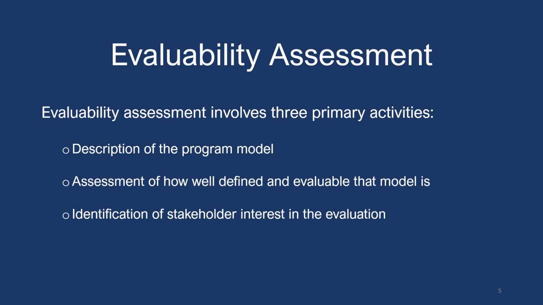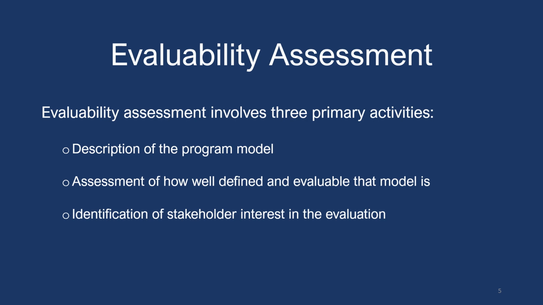Essentially, we're going to gauge whether or not a program is constructed in a way that sets it up to be further evaluated. The evaluability assessment has three primary goals. The first is to describe the program model. Here we're looking at the program's goals and objectives.